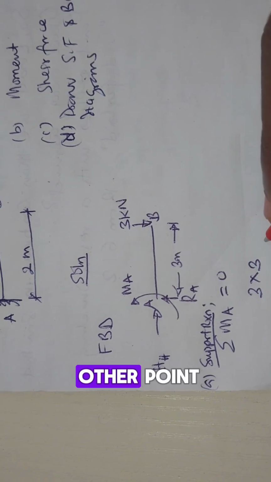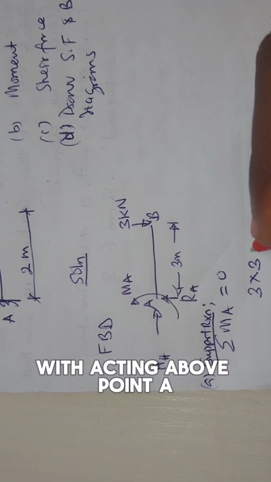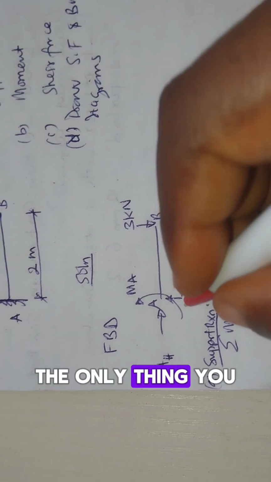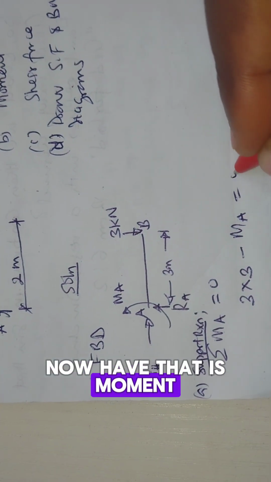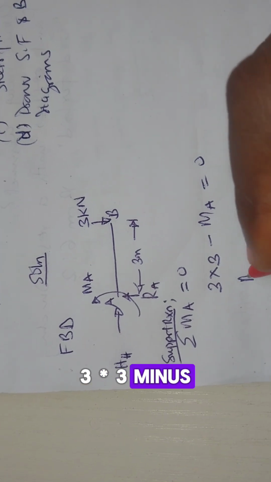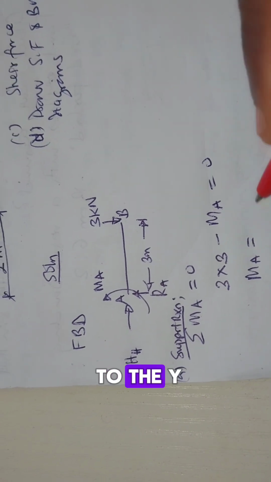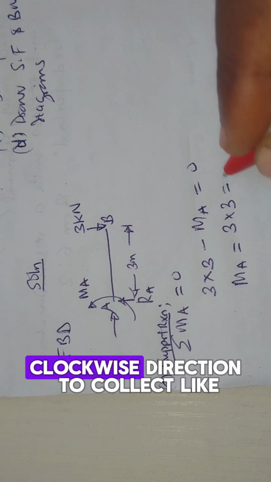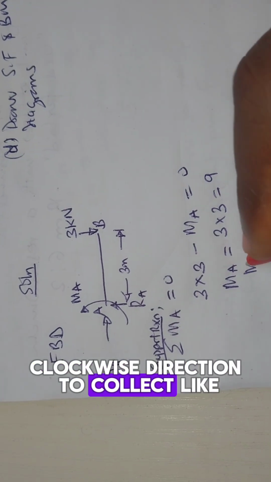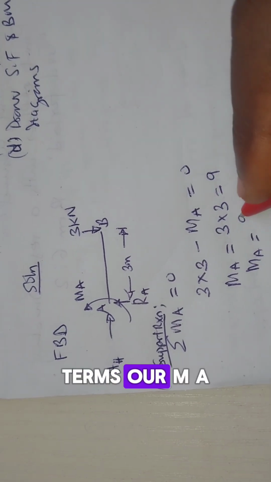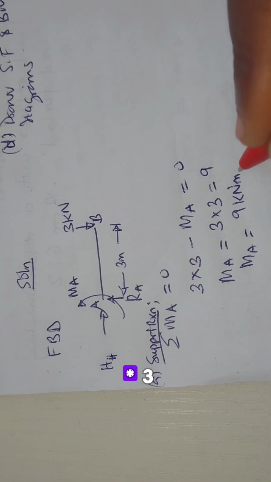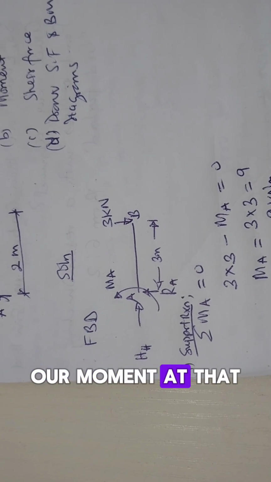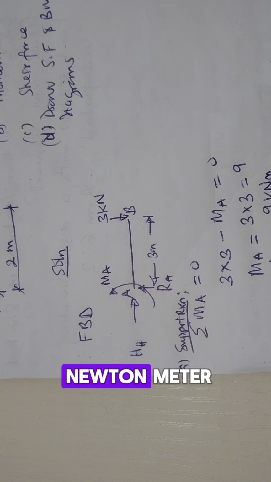You don't have any other point load acting about point A. The only other thing you have there is moment. So 3 times 3 minus MA is equal to 0. Why is MA minus? Because the direction is anti-clockwise. Collecting like terms, our MA is equal to 3 times 3, which is 9 kilonewton meter. Our moment at that support is 9 kilonewton meter.